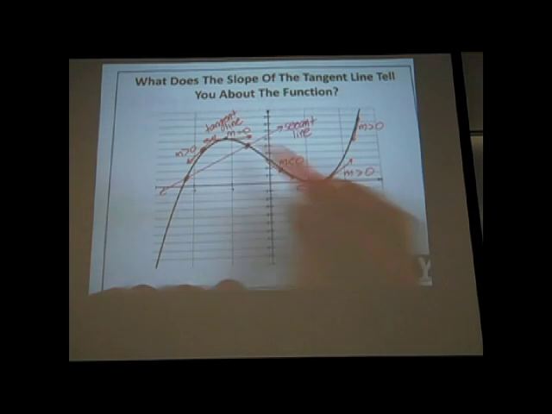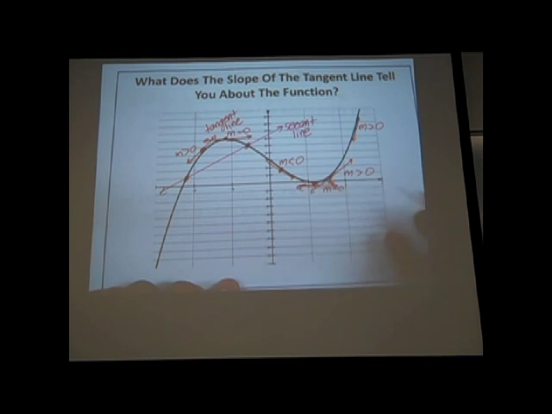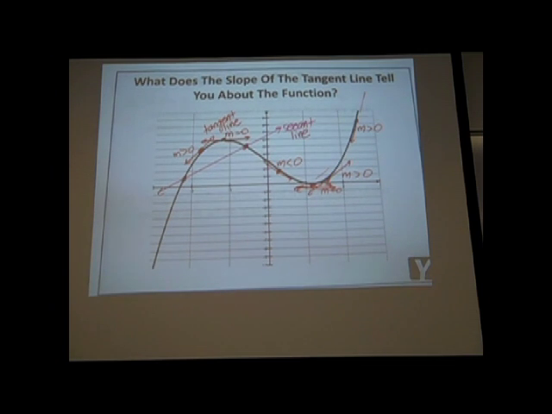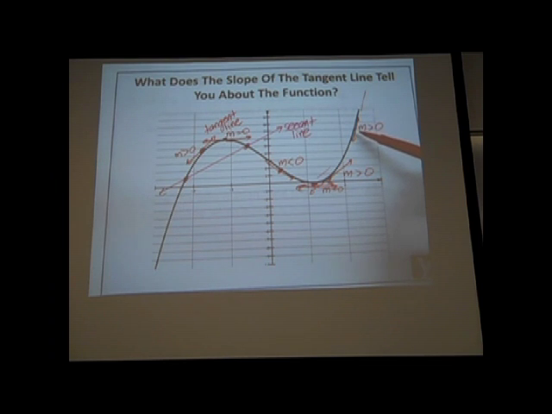Slope is equal to 0. My graph starts to decrease. All my tangent lines have negative slope. I hit this minimum over here. Slope is equal to 0, and then it starts increasing. Perfect. That's the kind of information you can get if you can determine the actual slope of the tangent line.